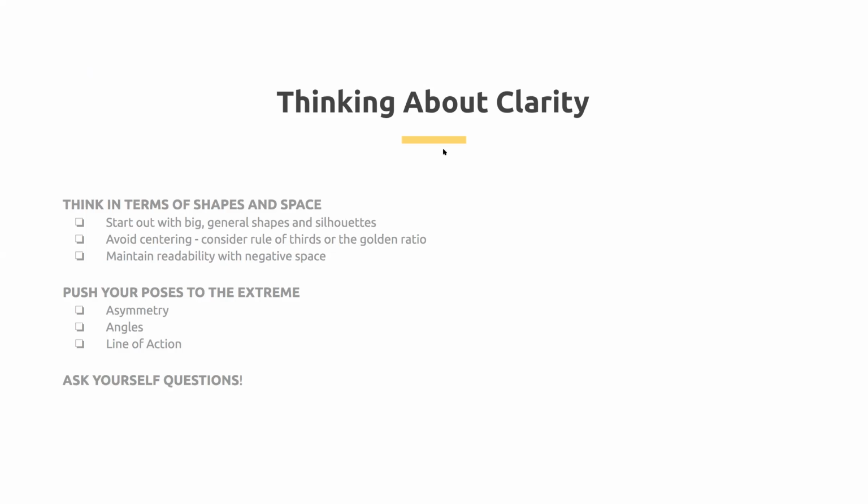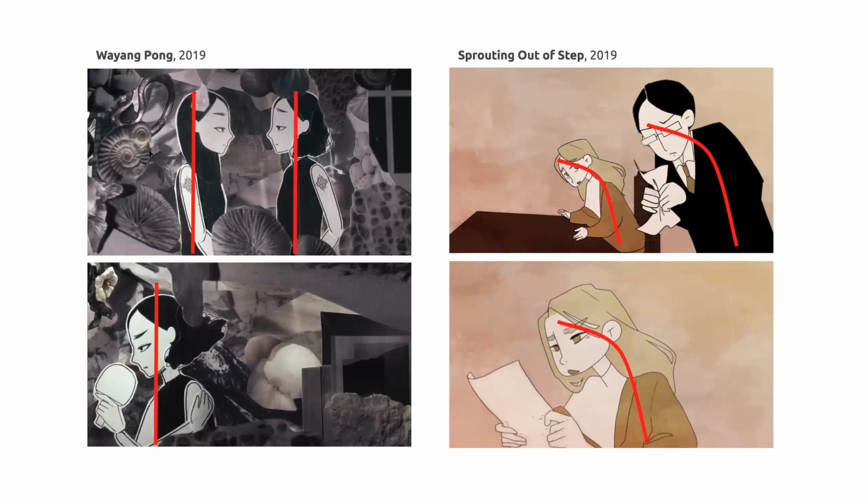There's a couple of things I usually ask myself: whether or not the character is readable as I want them to be positioned. Is there enough negative space, not only for the pose to be readable, but also for the composition to look good? And if there is open space, is that intentional? I pretty much did the opposite here. I was very busy in Wayangpong, and I didn't want any negative space.